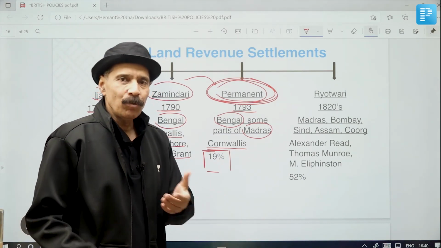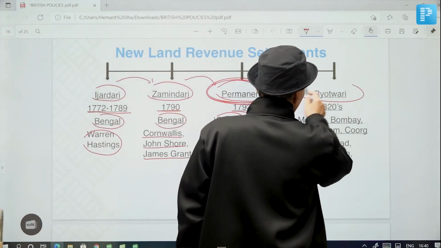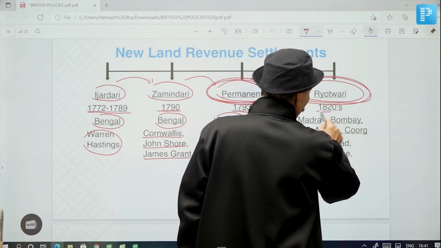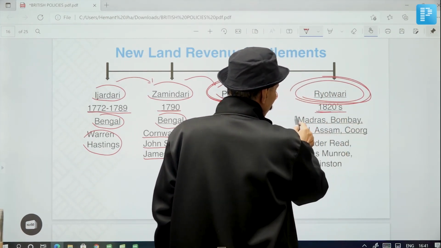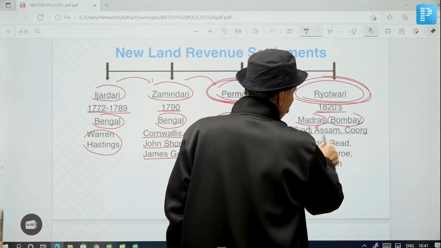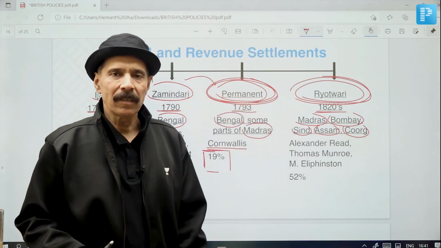Then later, a new settlement was introduced, that is Raiyatwari. So this emerged as the second major settlement. This was introduced in the 1820s, first in Madras, then in Bombay, then in Sindh, Assam, and Coorg.